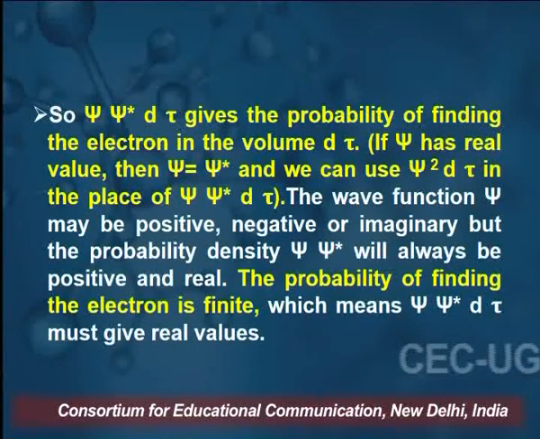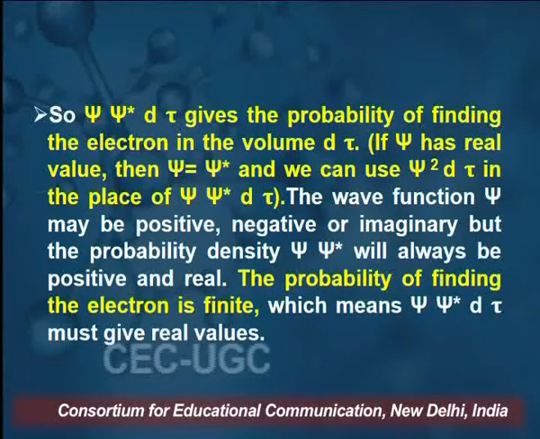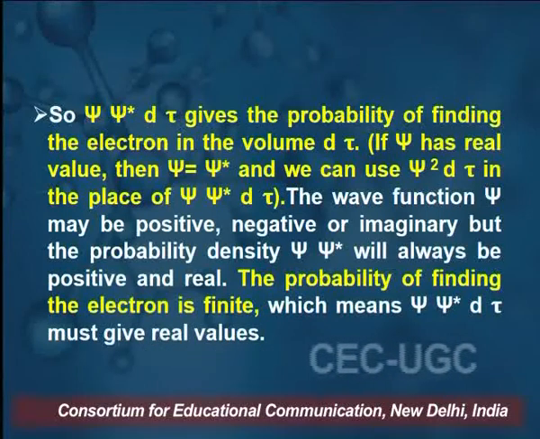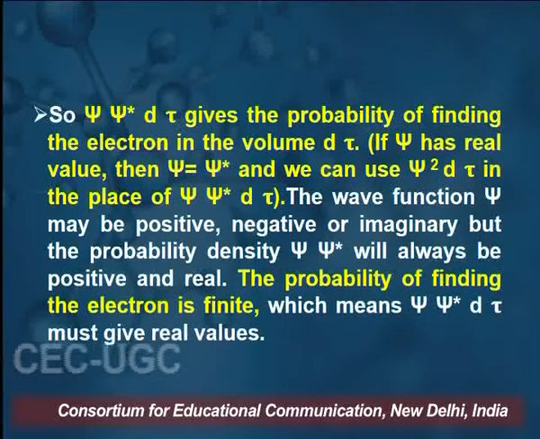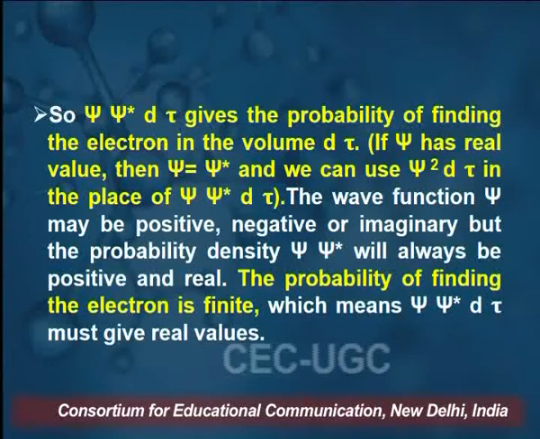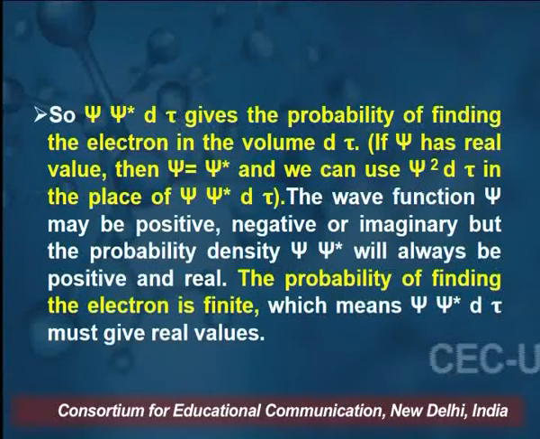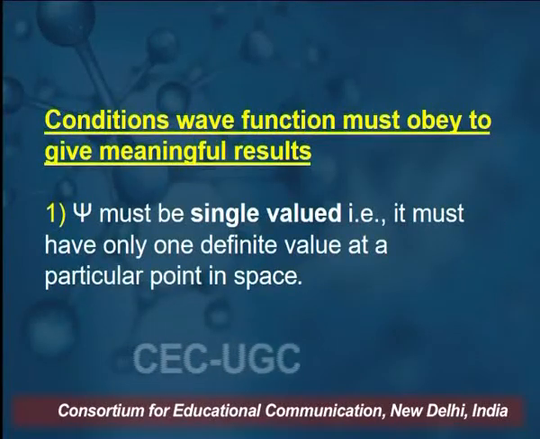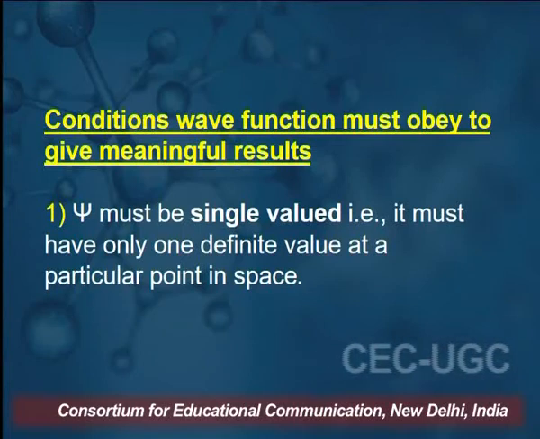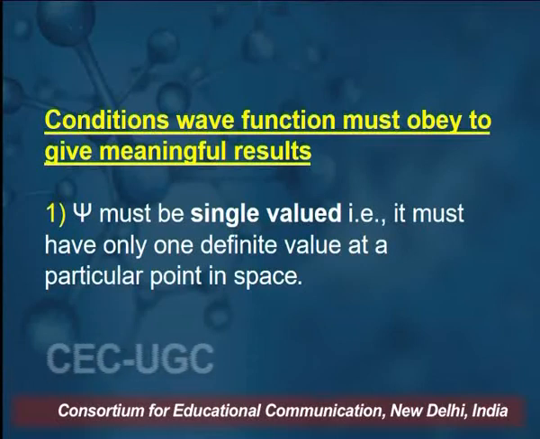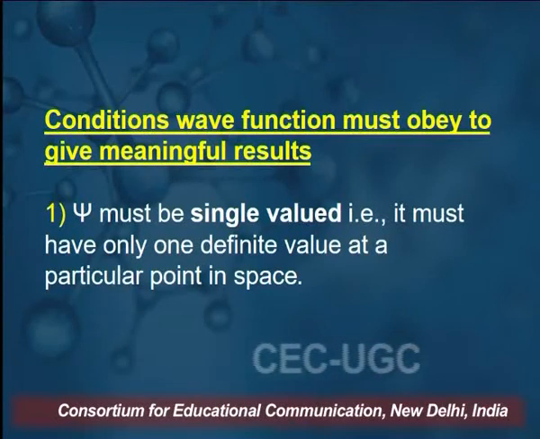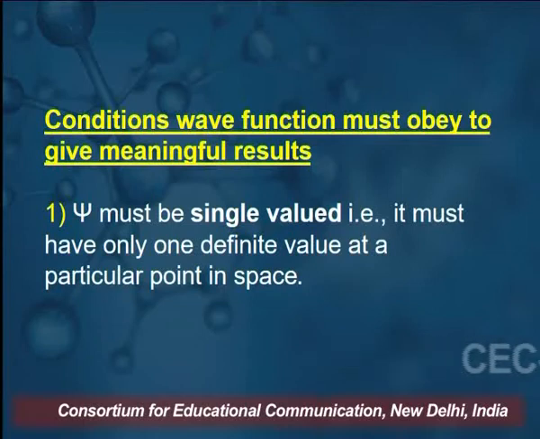The wave function psi may be positive, negative or imaginary, but the probability density, that means psi star psi, will always be positive and real. The probability of finding the electron is finite, which means psi star psi d tau must give real values. Conditions wave functions must obey to give meaningful results. Number one, psi must be single valued, that is, it must have only one definite value at a particular point in space.